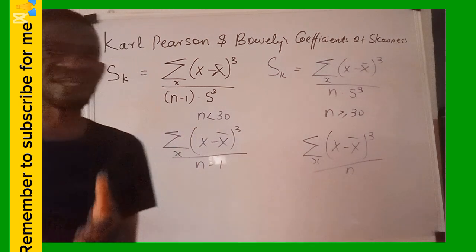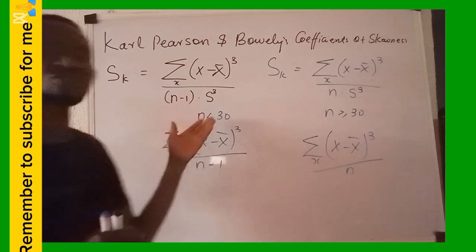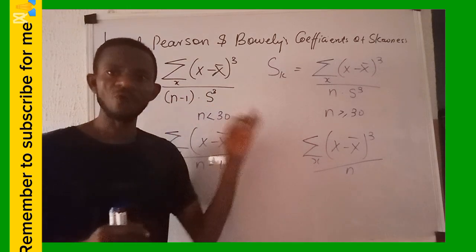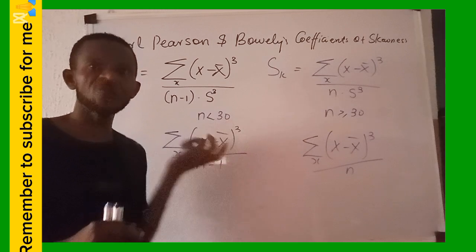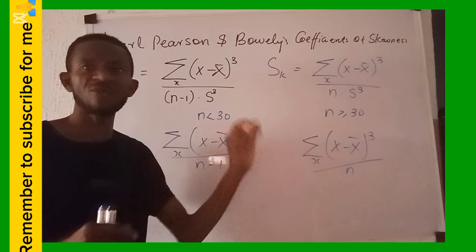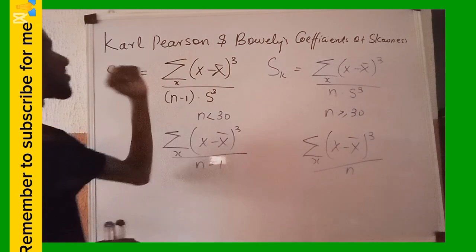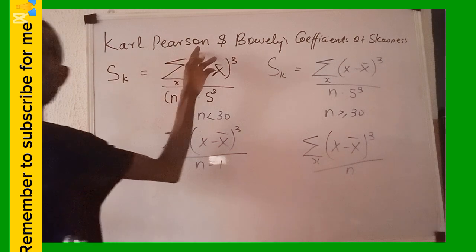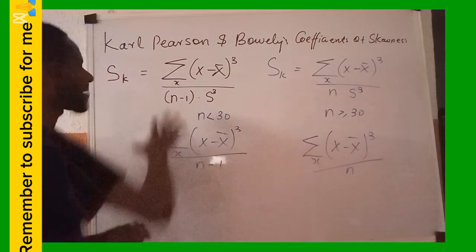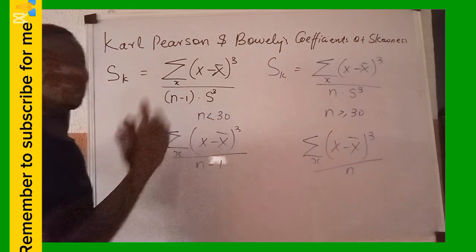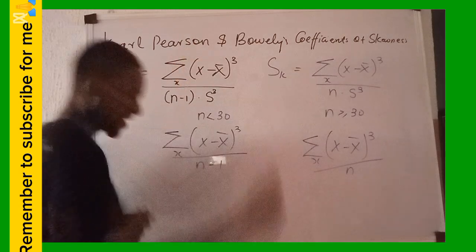However, in today's class, our emphasis will not be on obtaining the measure of skewness from a data set. We are going to look at obtaining a value of skewness from the approaches of Karl Pearson and Bowley's coefficient of skewness. So you permit me to clean here while we now discuss.